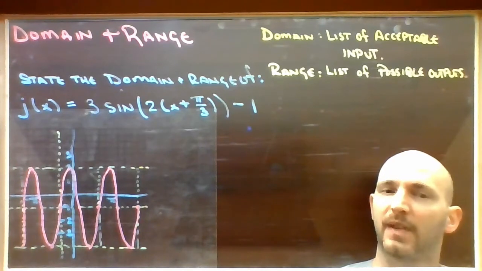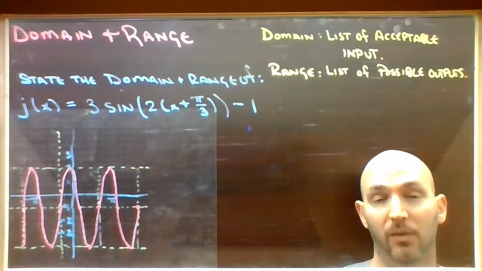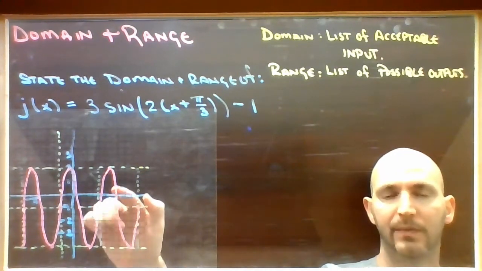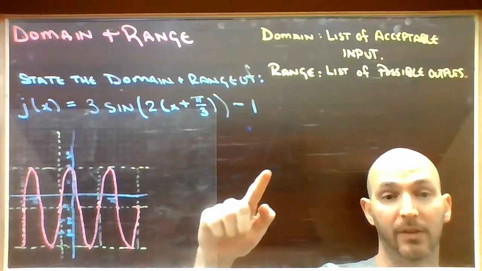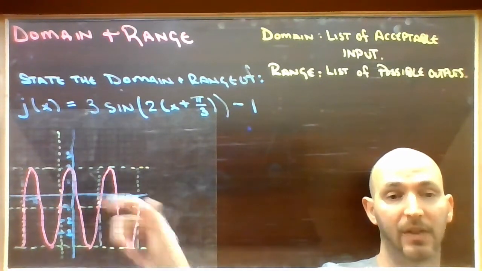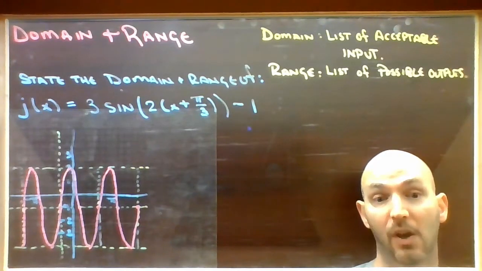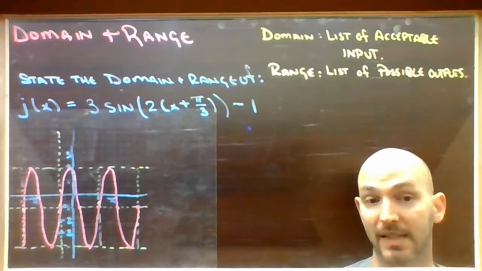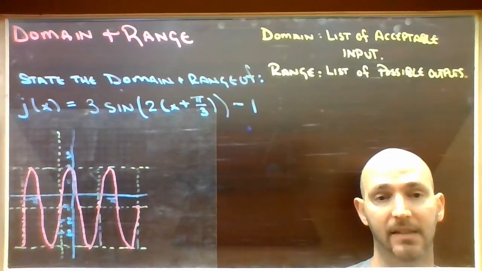So the whole point of that was to state the domain and range. So before I write the domain statement, this wave keeps going forever. So it never stops in that direction, and it never stops in that direction. So this function continues going forever in both directions, which means it will accept anything on the x-axis.